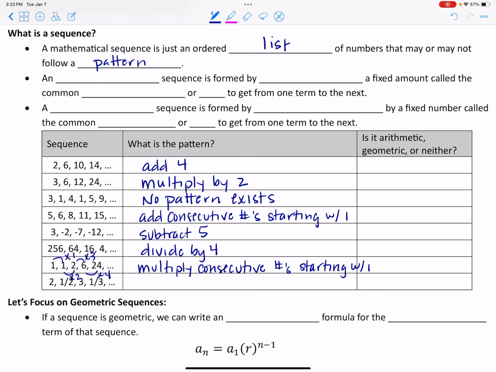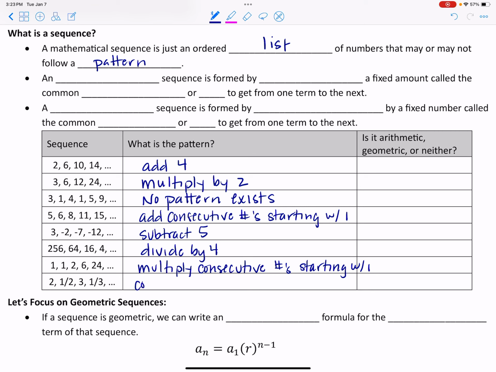Apologies for that. And then I got one more on the list here where it looks like we've got 2 and then 1 over 2, 3 and then 1 over 3. So I would maybe guess that I could go 4 and then 1 over 4 and then 5 and then 1 over 5. Looks like this is a list of consecutive numbers and their reciprocals. So 2 then 1 over 2 would be the reciprocal of 2, 3 and then 1 over 3 would be the reciprocal of 3.